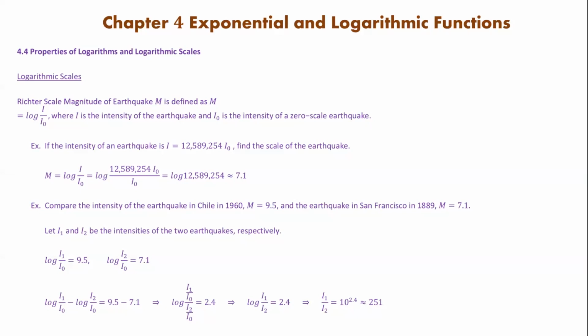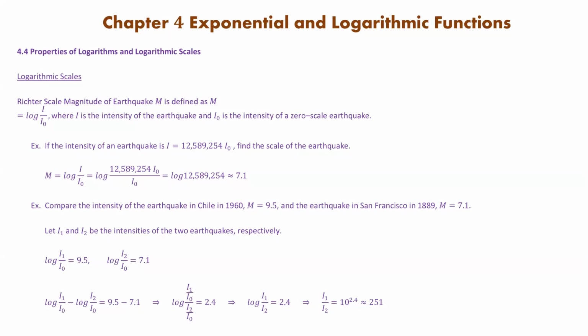Okay, I don't know what happens to this format. It usually gives a little compatibility issue when I use PPT in Zoom.